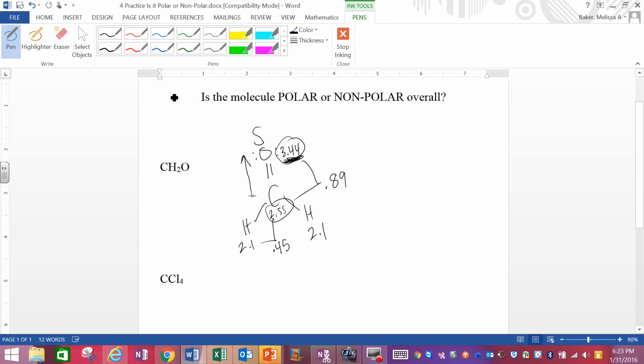That means this oxygen is going to be partially negative because it's stealing part of carbon's electron cloud and probably kind of stealing part of hydrogen's too. So this side of the molecule is left partially positive. So would this be polar overall? Yes. Those bonds, or that pull, is not being canceled out in another direction.